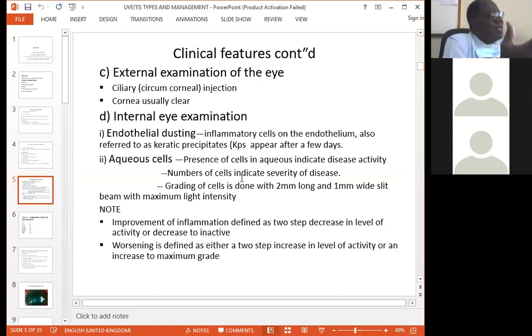Or cells are now fewer or completely gone, which means there is a complete improvement. So presence of cells indicates disease activity, because those are inflammatory cells coming into the anterior chamber. The fewer the cells afterwards, it means the disease activity has gone down. If they get more, it means the disease activity has gone up.